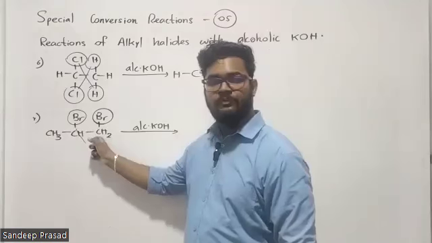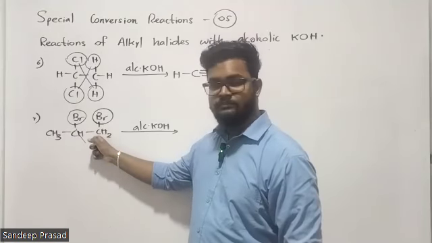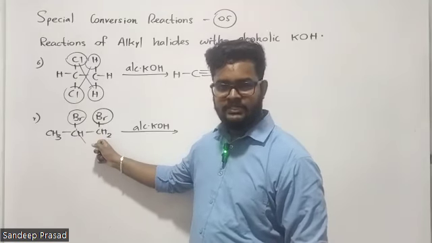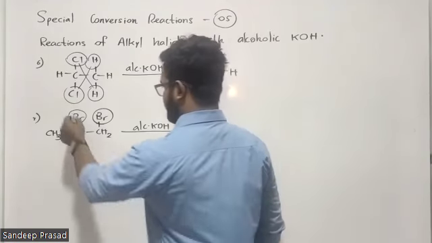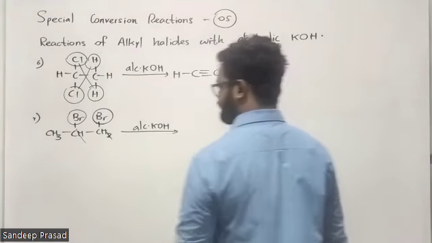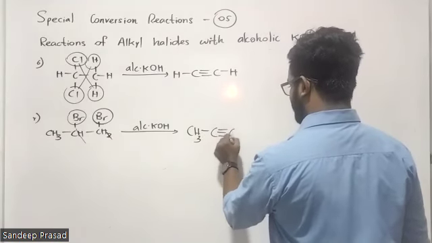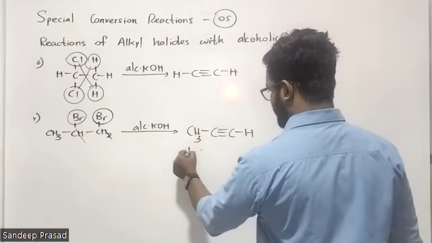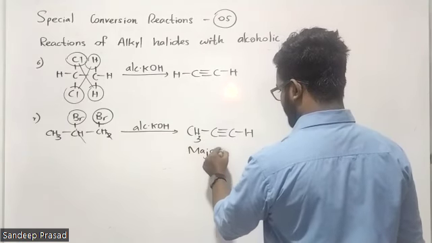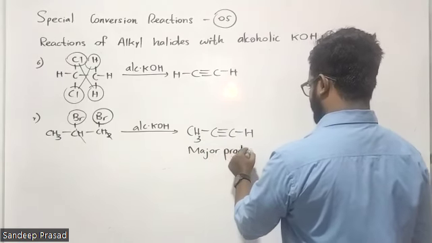So therefore this bromine is eliminated with this. Then the major product should be this kind of an alkyne. So let me name this one as major product. So this is the major product.